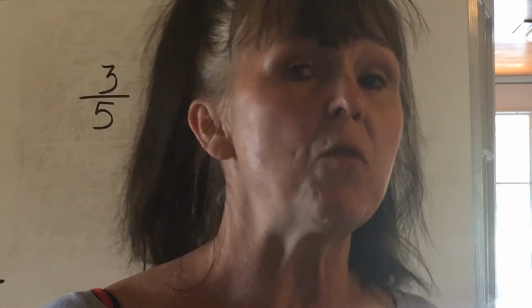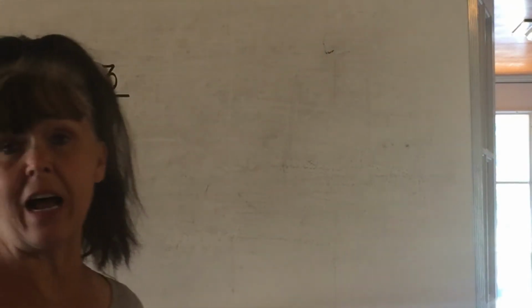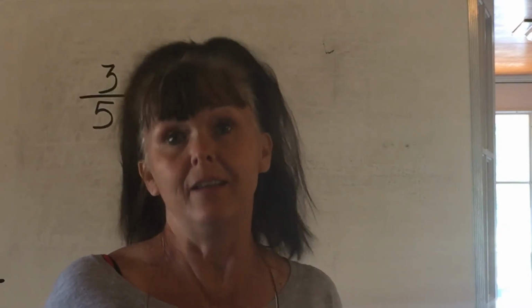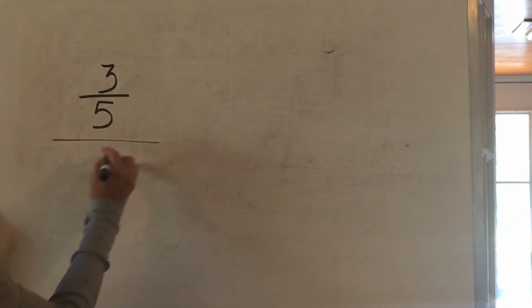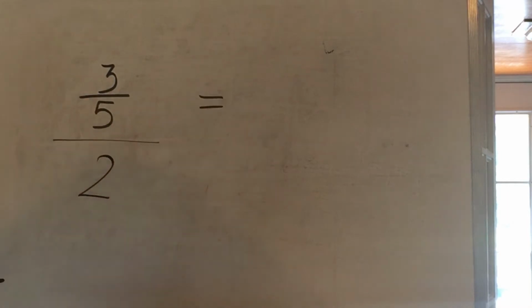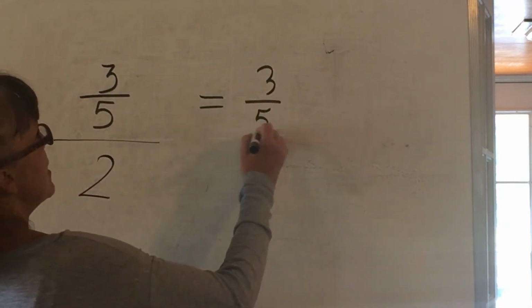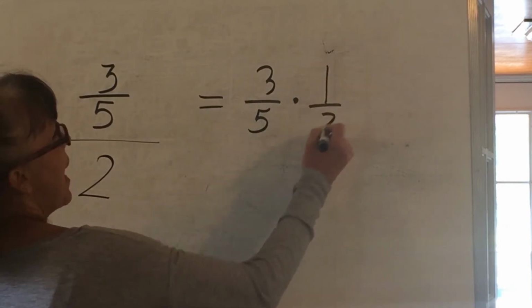So that's the first thing I want to go over. If you have a fraction, how do you divide by 2? How do you take half of it? Well, I just answered it. Divide by 2. So if you took this and divided by 2, that is the same thing as taking your fraction and multiplying times 1/2.